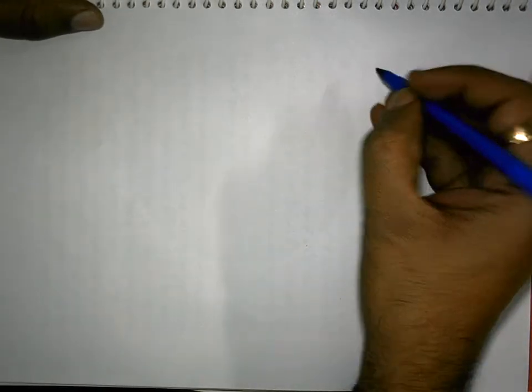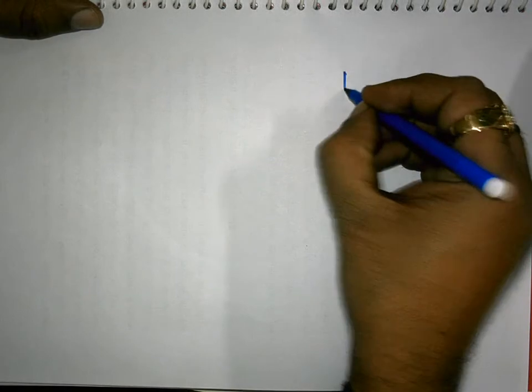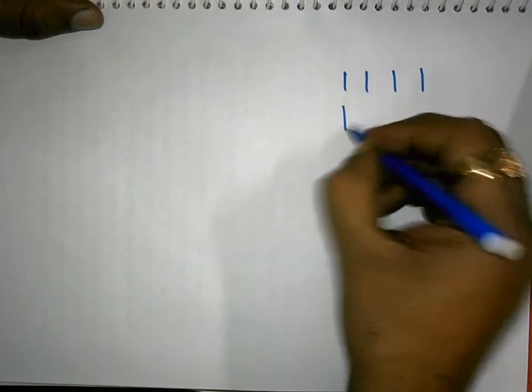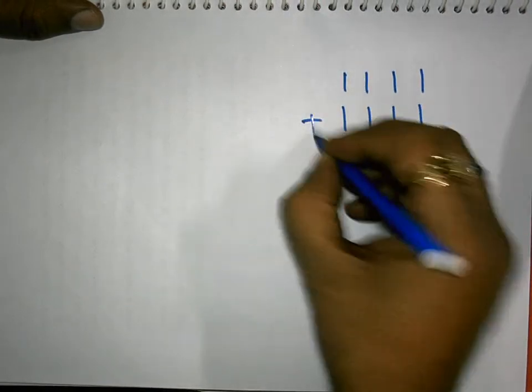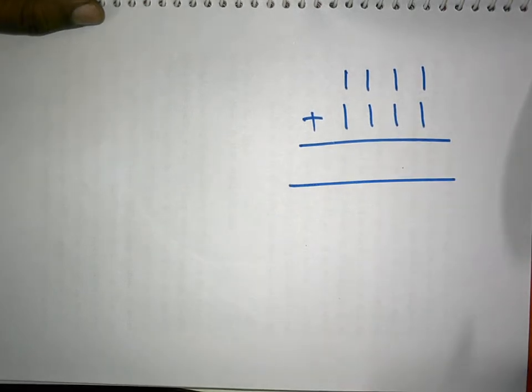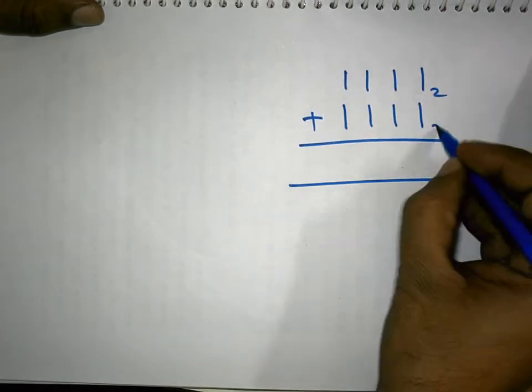And then parallel adder. What is parallel adder? Let me explain, and then you will implement this thing in your laboratory. Suppose somebody has given me a task to add these two nibbles, these two binary nibbles.